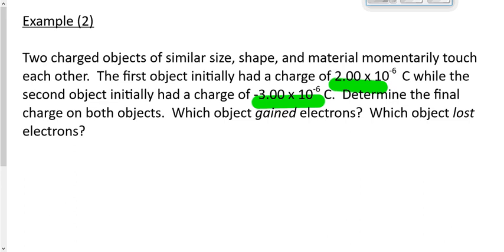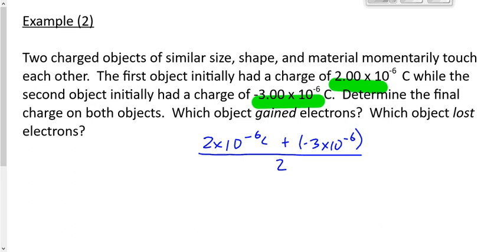Now, if you happen to have 3 charges that you're touching together at the same time, then we would add them up and divide by 3, right? So let's say 2 times 10 to the -6, which, by the way, is 2 microcoulombs, plus -3 times 10 to the -6, divided by 2. That gives me -1 times 10 to the -6, divided by 2, which I think when you do that, gives you negative 5.0 times 10 to the negative 7 coulombs.